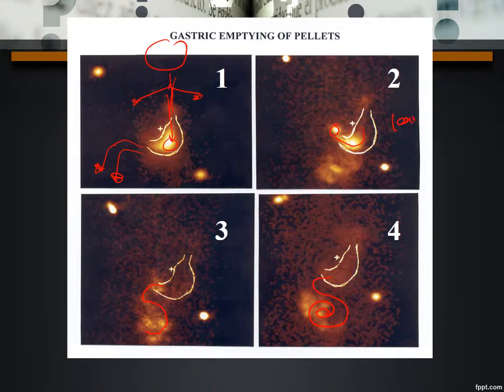Upon the time that they leave the stomach, this is the gastric emptying time. So the time taken from 1 to 2 will be the gastric emptying time.